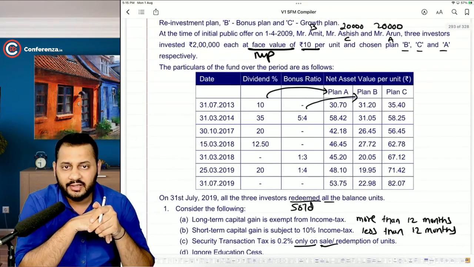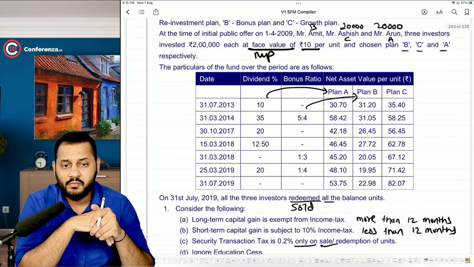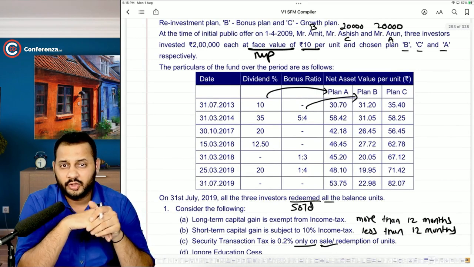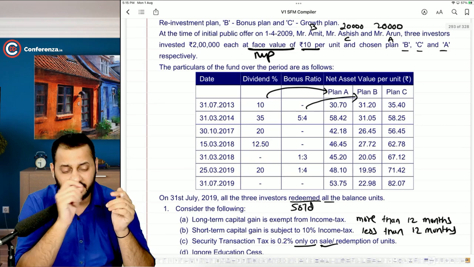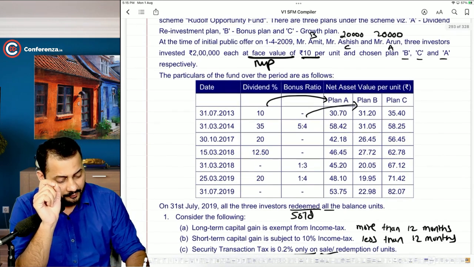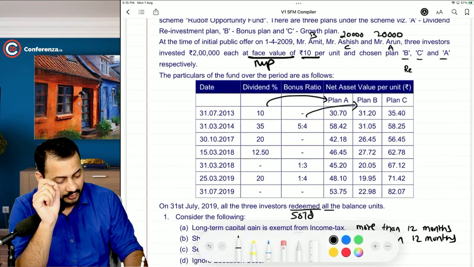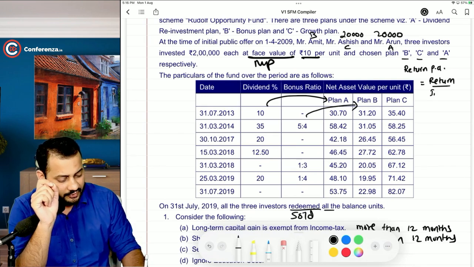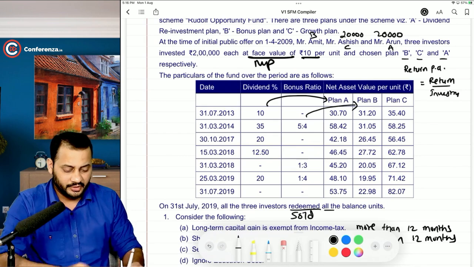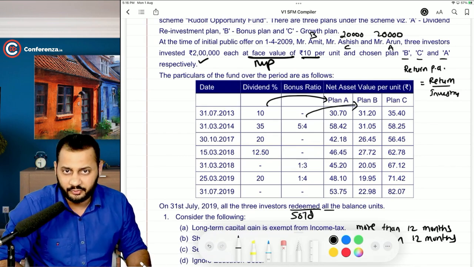You have to find out, the very first thing is you have to find out the return, and that too per annum. For that purpose, you need return in the numerator and investment in the denominator. Investment is ready with you, which is 2 lakh rupees.